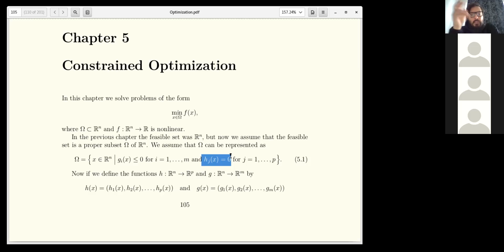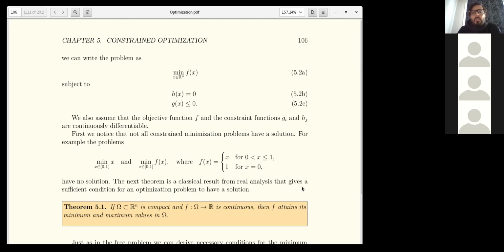We can transform this into vector notation. So if we have these h constraints, we can just say that any x must satisfy that this h of x vector is 0, and this g of x vector contains only components smaller than or equal to 0. So we can think of the general constraint problem as being in this format.